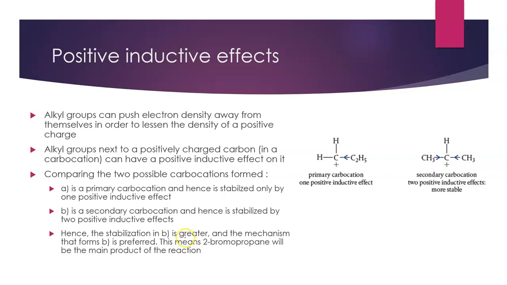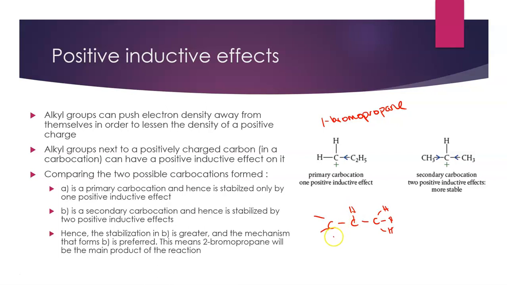In this case, we can see this is what we get from one bromopropane, because we would have the carbocation forming in this region here because we've broken the double bond.